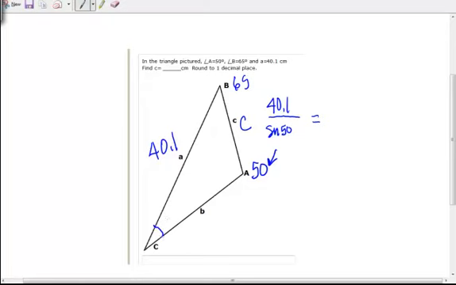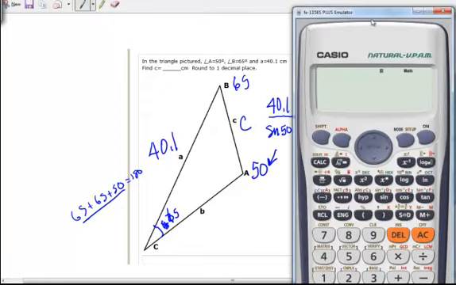We know that this angle C is 65, because 65 plus 65 plus 50 adds up to 180. And so over the sine of 65 will give us side C. And so we'll just cross multiply and divide.